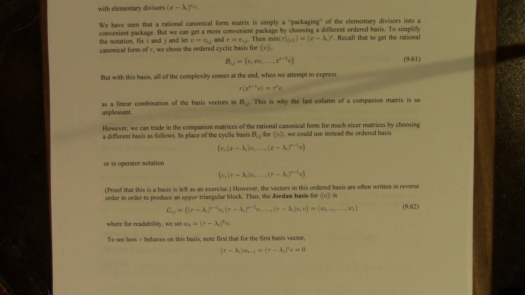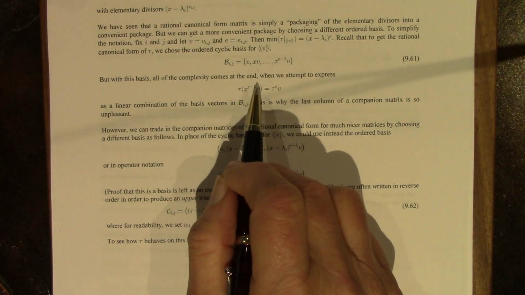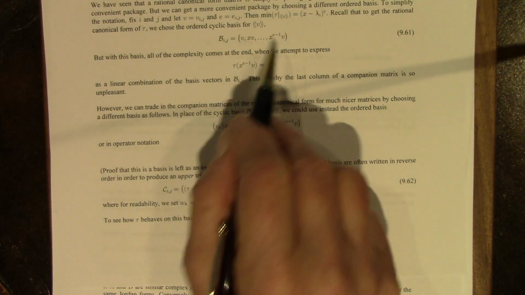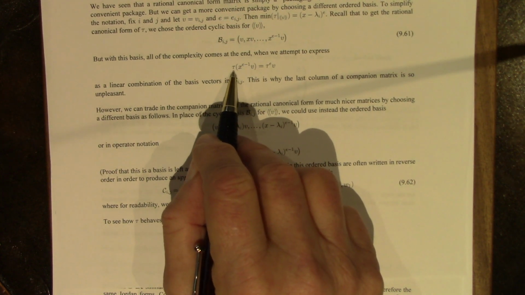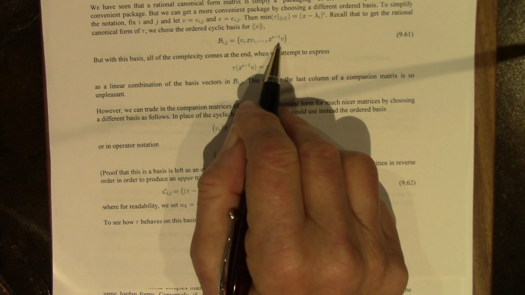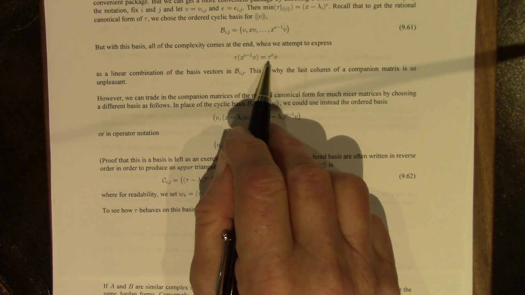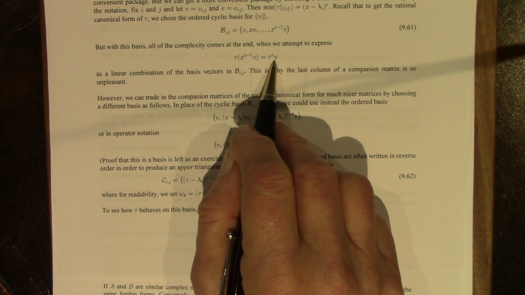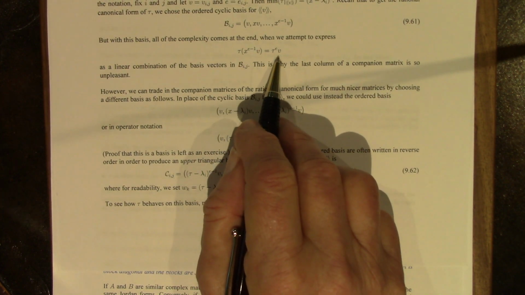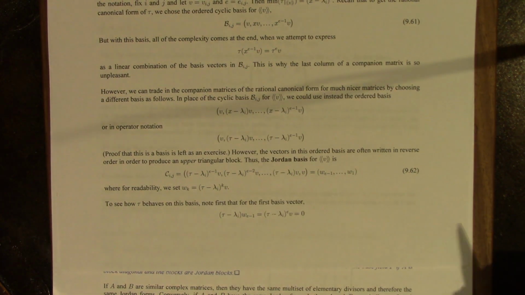That may look like a nice basis, but it crams all of the complexity at the end. Here's the tau cyclic basis. When we apply tau to the last basis vector, tau to the e v, we get some unpleasantness, and that's where the last column of the companion matrix comes from.